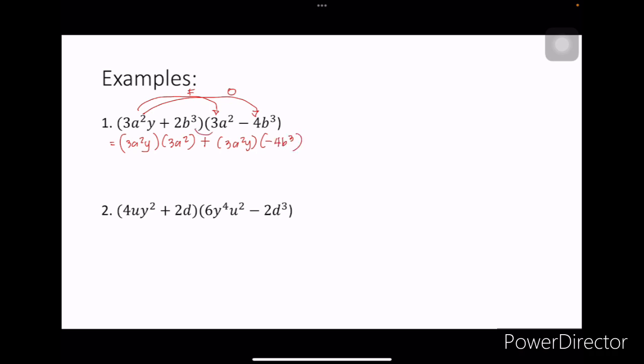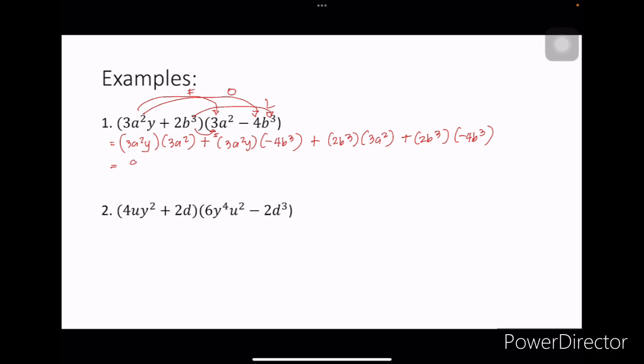Then we will do the innermost terms. So you will have plus 2b cubed times 3a squared. And then the last terms. So you will have plus 2b cubed times negative 4b cubed. So we simply simplify everything.